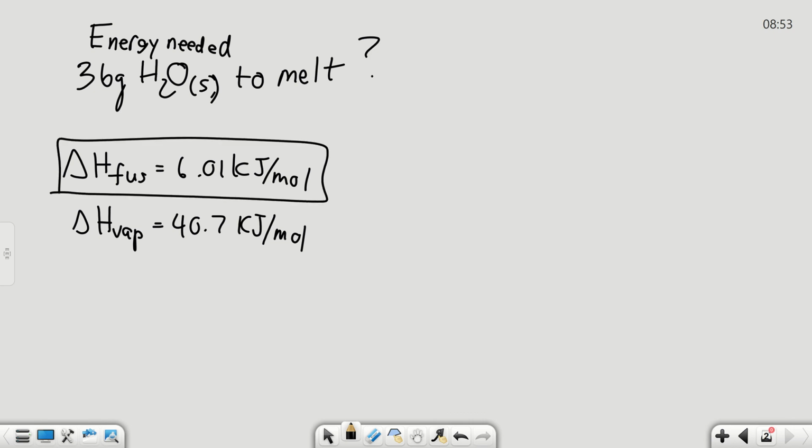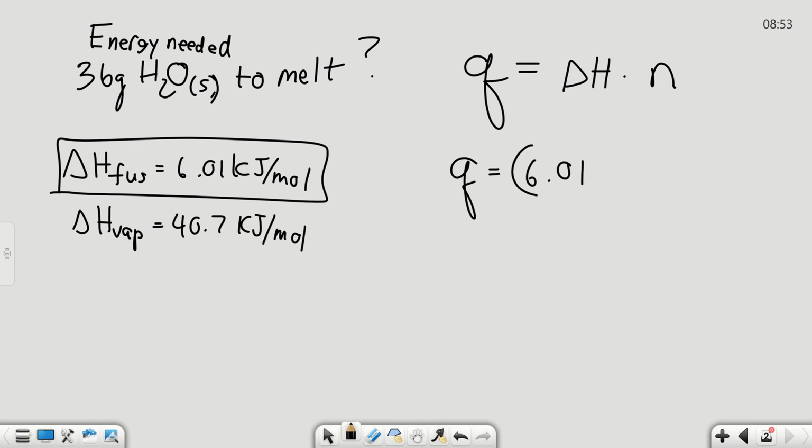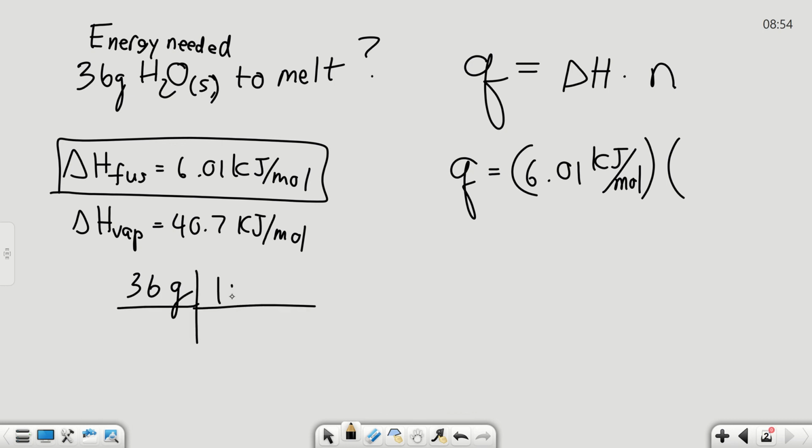So my formula is Q equals delta H times n. So Q equals 6.01 times, I'll keep my units so we understand that we're in kilojoules, and I just need my moles. Well, 36 grams of water, 1 mole is 18 grams, so that would be 2 moles.